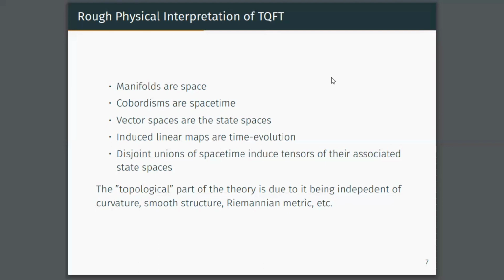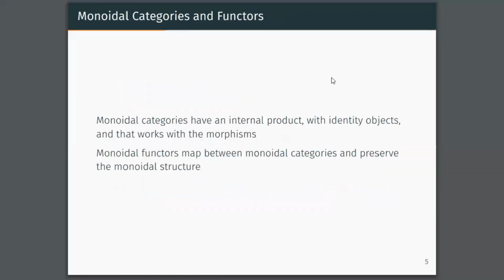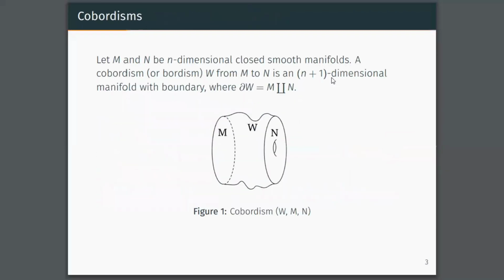I can also mention some of the generalizations of this, the really new and spicy one being extended topological quantum field theories. So we can take higher categories in which we now have morphisms between other morphisms. We have our cobordisms, a higher dimensional manifold whose boundary is lower dimensional manifolds.